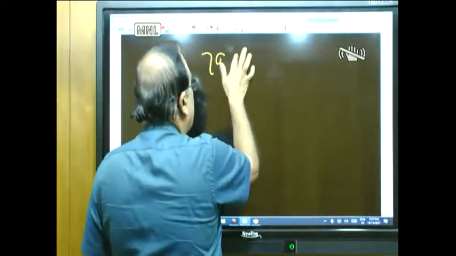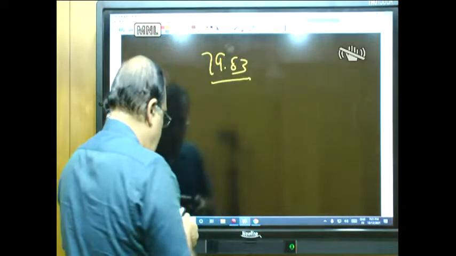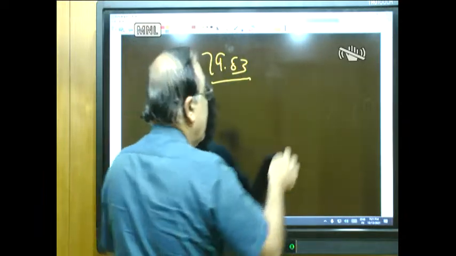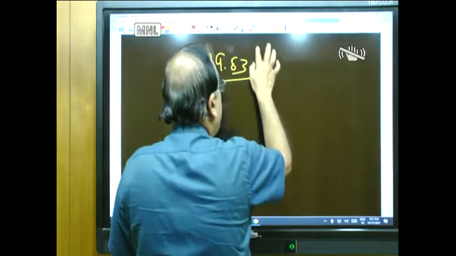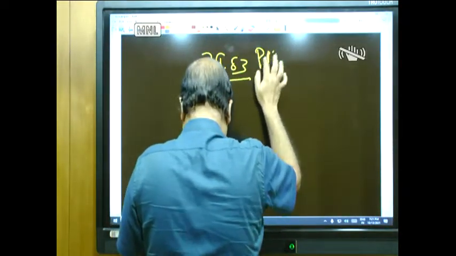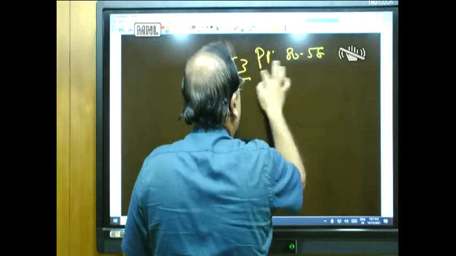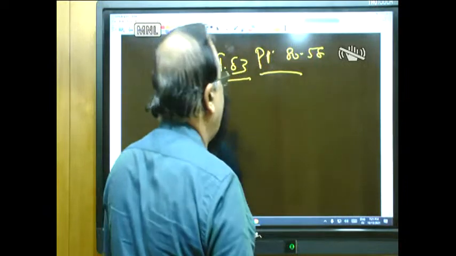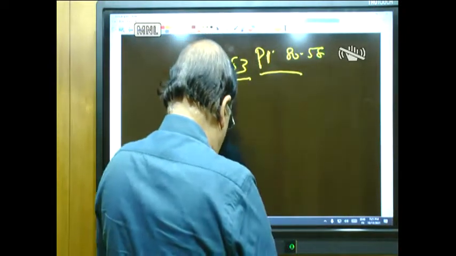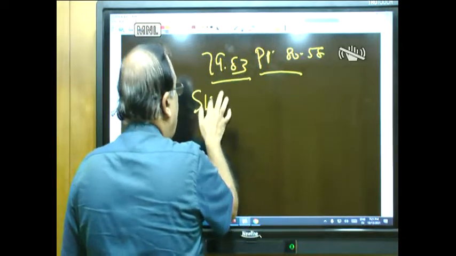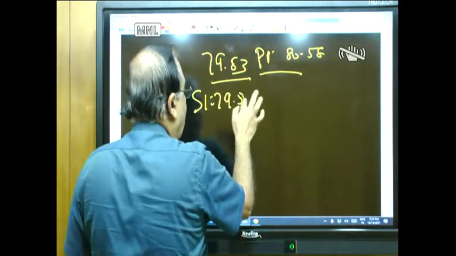Now WTI crude is now trading at 79.83. Okay, and we'll look at the Fibonacci pivots. Fibonacci and classic pivot. Pivot is the same, and that is 80.58. So now it has slipped below the pivot point. Now what is the S1 levels we see is in the case of classic 79.54.